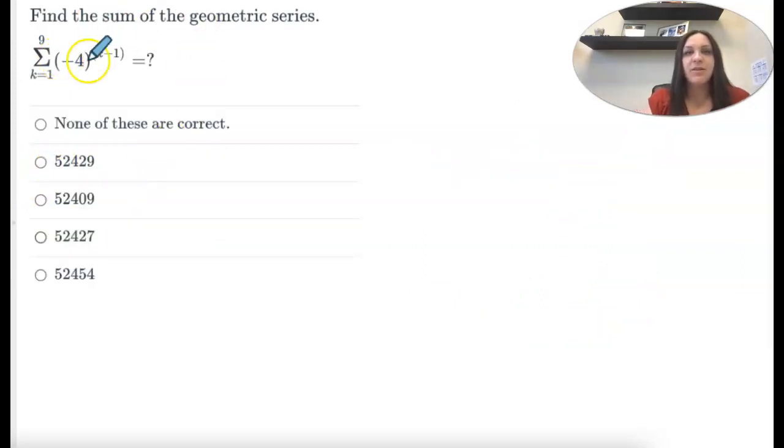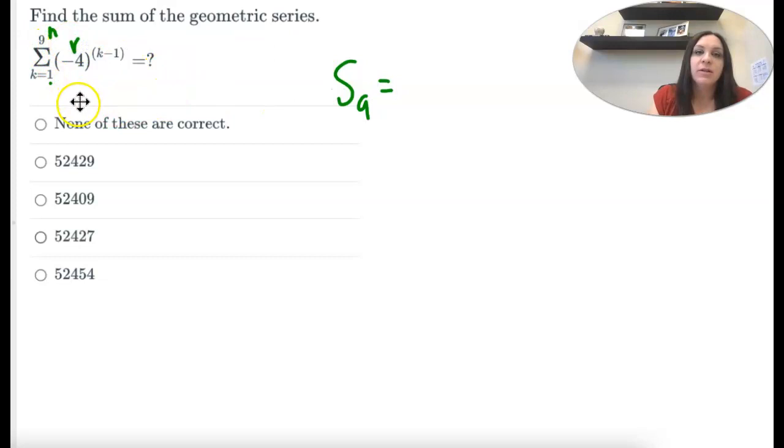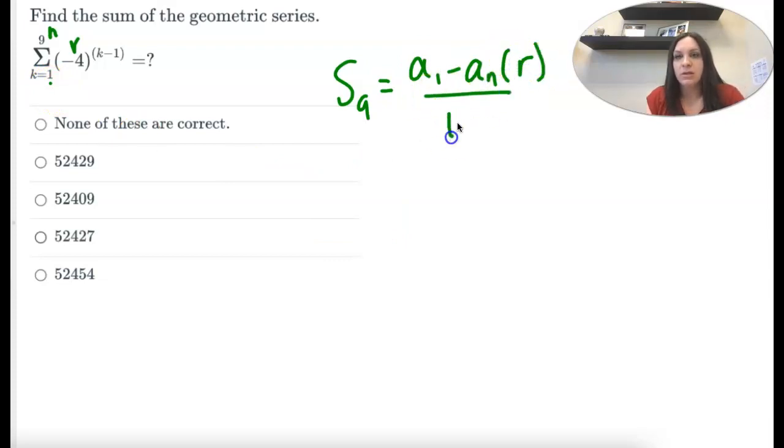Alright, find the sum of the geometric series. So this one we're going from the first term to the 9th term. So n is 9. That means we want the sum of the first 9 terms. Okay, so r is negative 4. Remember we need our first term, so I'm going to have to use this equation.